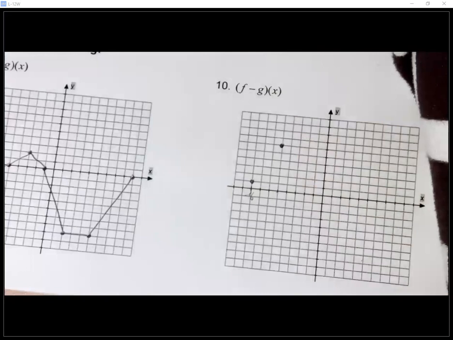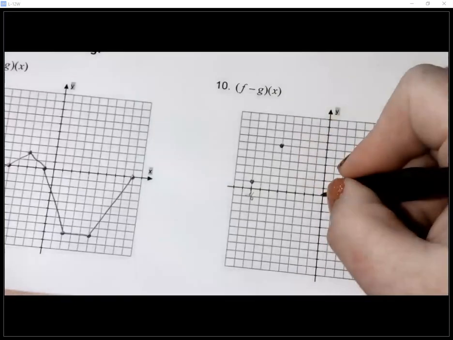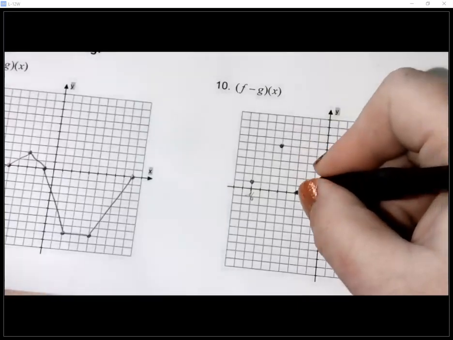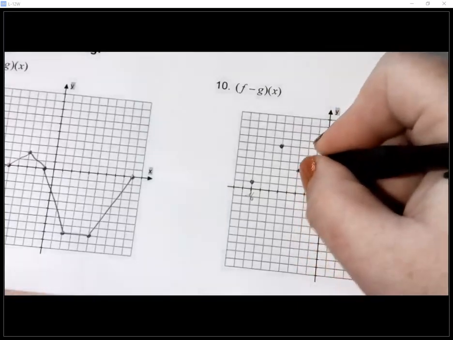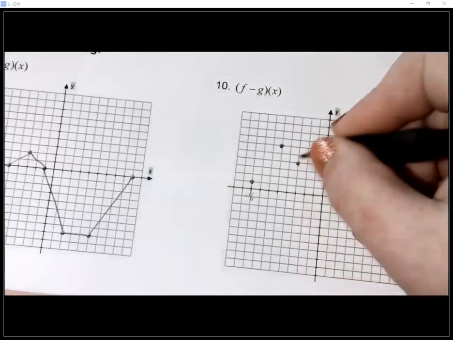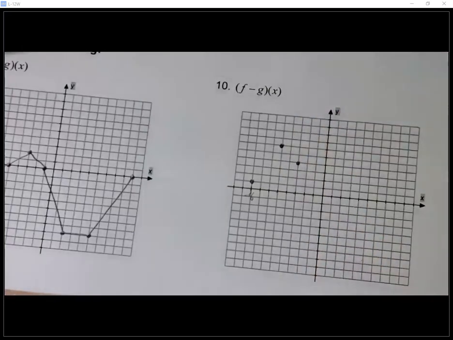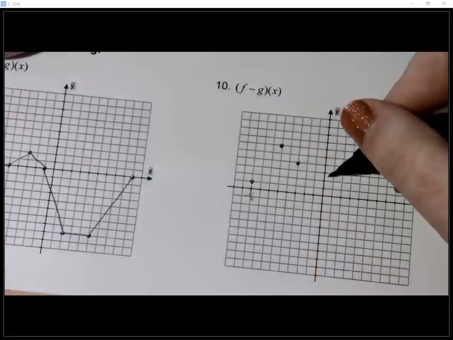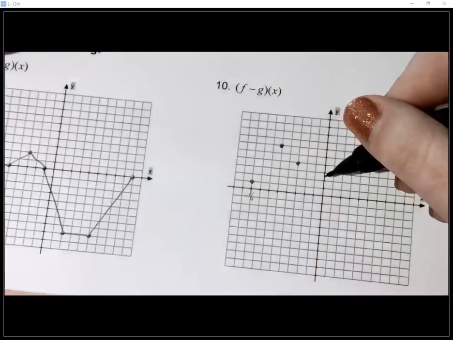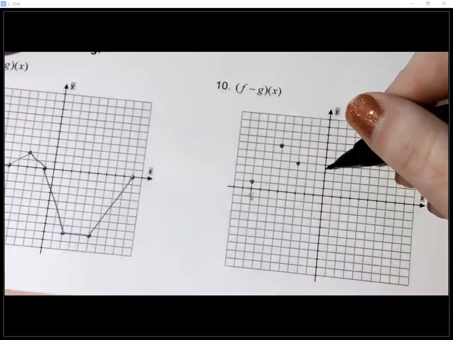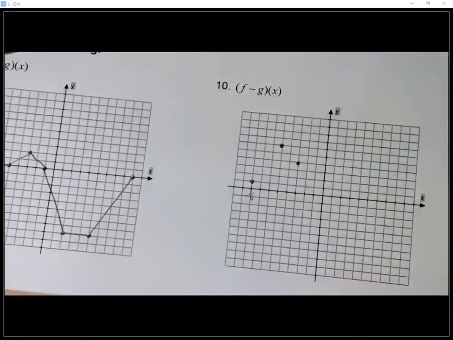At -3, I've got 3 minus -1. And then remember, you do want to evaluate at -1, even though F doesn't have a dot there, it doesn't matter. If one of the two has a dot or it changes, you want to evaluate at that point. So at -1, let's see, I have +1 minus -1. So isn't that really 2?